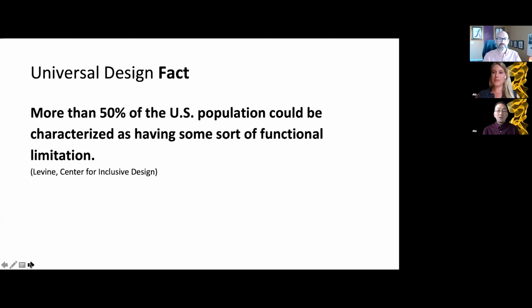So in other words, even pregnant women and short people or tall people, people with glasses like myself, would fall under that category of having some functional limitation. So we're broadening this idea of disability and turning it into levels of ability that cross over huge amounts of people in the population.